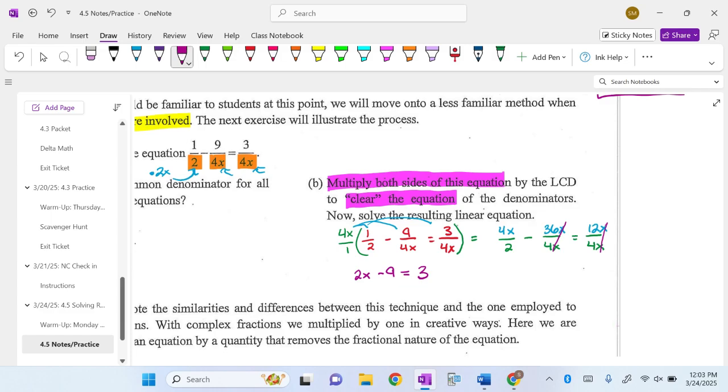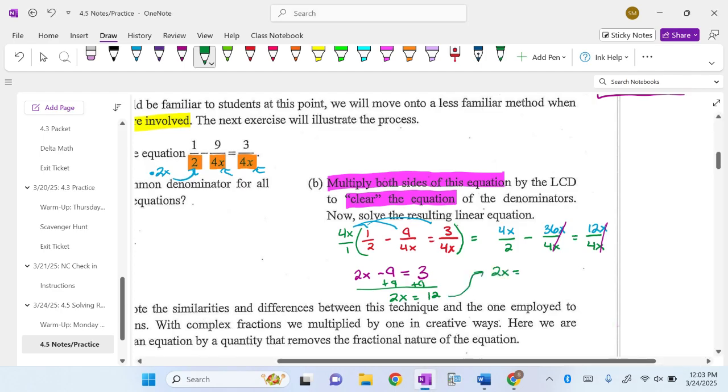And what does that look like to you? Looks like a nice two-step equation, right? So now that's very easy to solve. What's my first step? Add the 9 to it. So I get 2x is equal to 12. I'm just going to rewrite it over here. 2x is equal to 12.